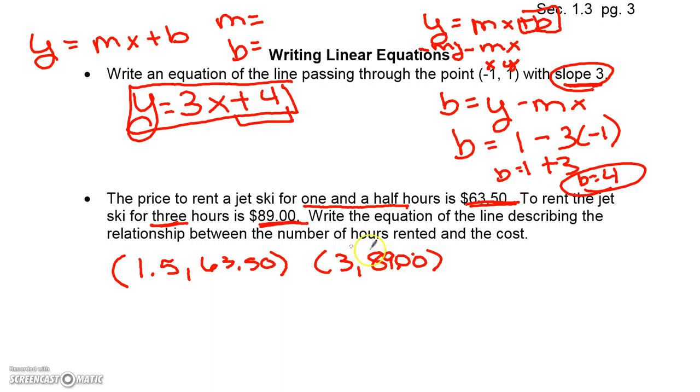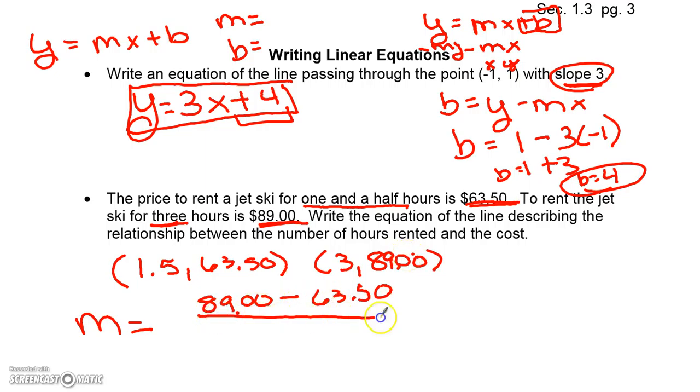$89. So we first have to find m, which is y2 minus y1 over 3 minus 1.5.